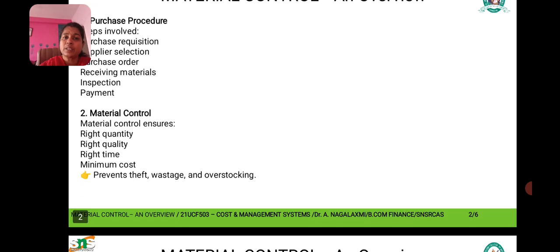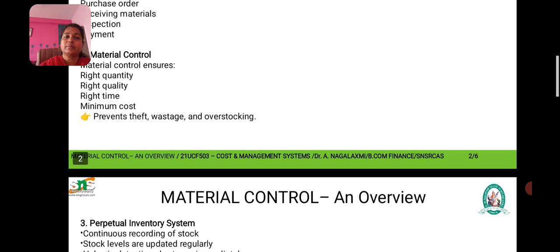Next, we are going to see material control. So material is to be controlled in order to avoid wastage, theft or overstocking. So right quantity, right quality, right time and minimum cost, these are to be kept as significant in making purchase procedure.